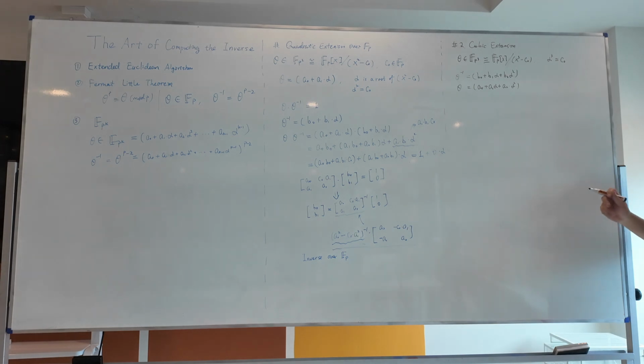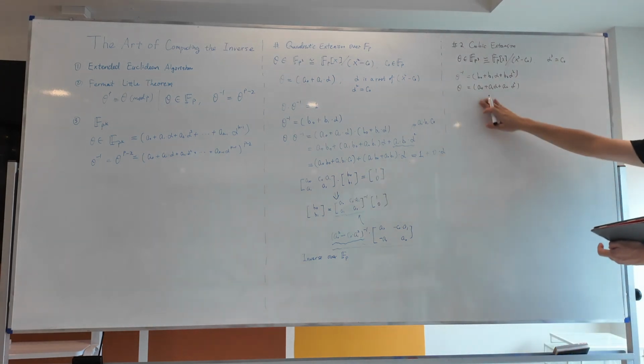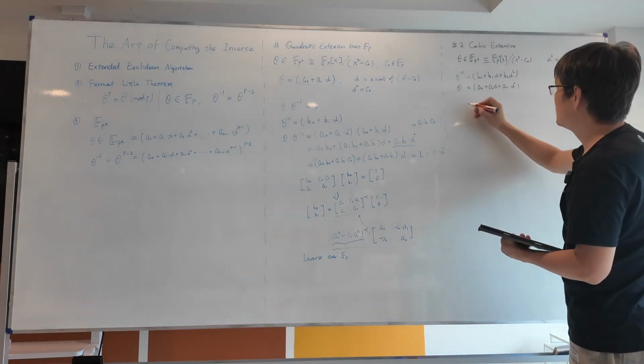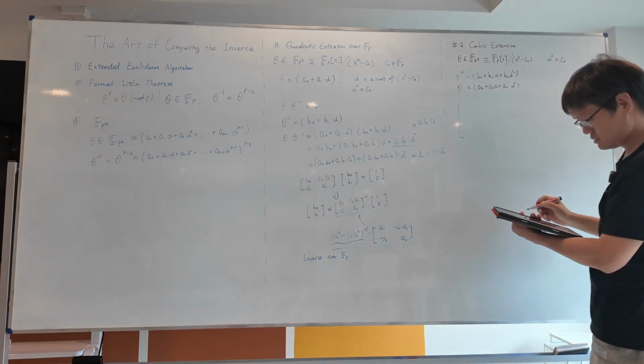Then we can write the matrix vector multiplication for their product. It looks like this, a little bit more complex.